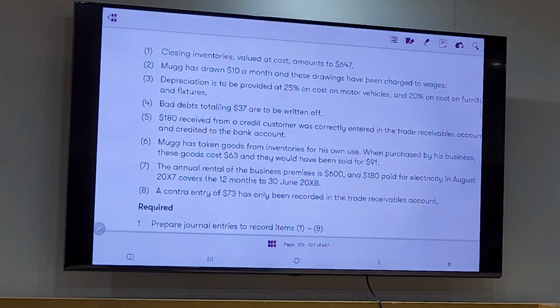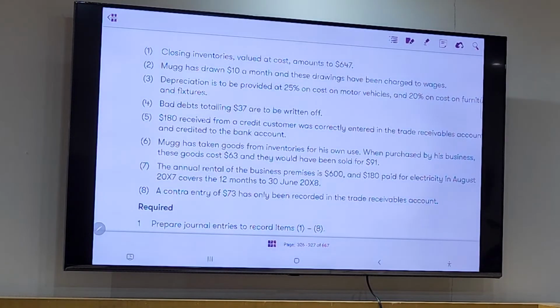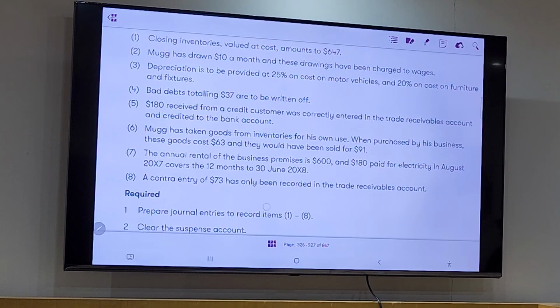Now, 180 received from a credit customer was correctly entered in the trade receivable account. Now, when you receive money from a customer, what is the correct double entry? Debit the cash, credit the trade receivable. So they are saying correctly entered in the trade receivable account and credited to the bank account.